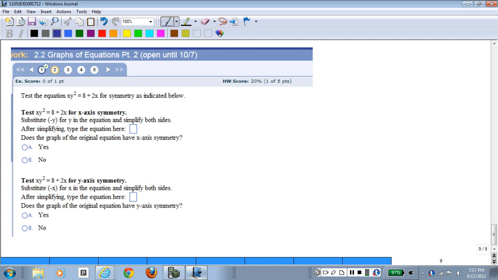So let's see. X times negative y squared equals 8 plus 2x. Square negative y, get y squared. xy squared equals 8 plus 2x, just like that. That's identical to the original, so I'm going to say yes.